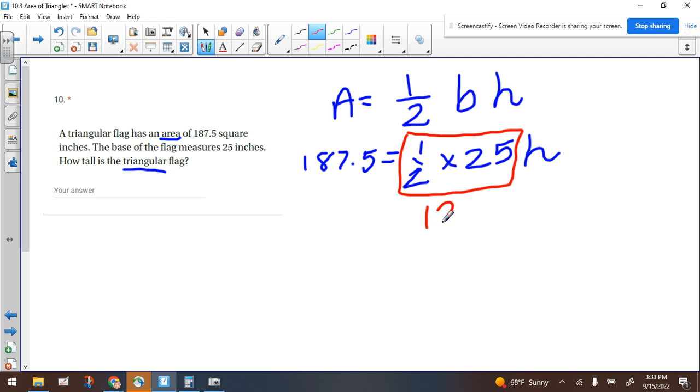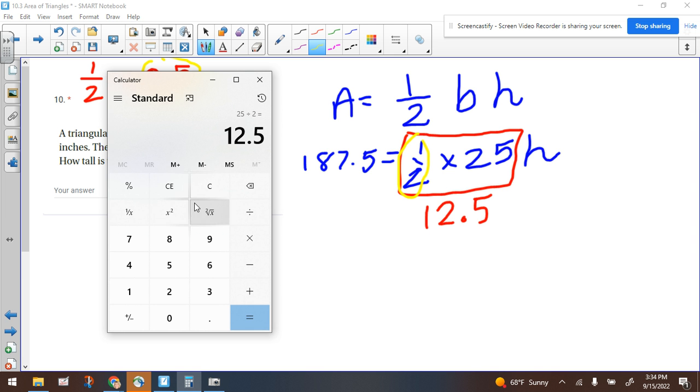But I do want to show you another way in the event that you get mixed up. If you ever get mixed up, I want to remind you that a half is equal to 5 tenths. A half is equal to 5 tenths. So if you wanted to replace this with its decimal equivalent and just multiply the two values, you would still get 12 and 5 tenths.